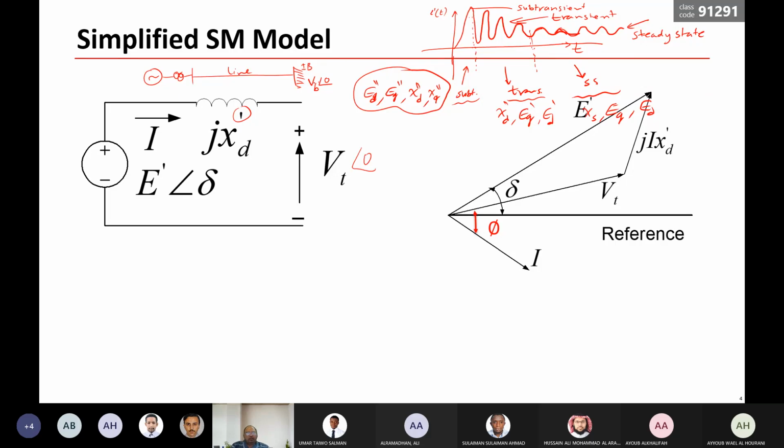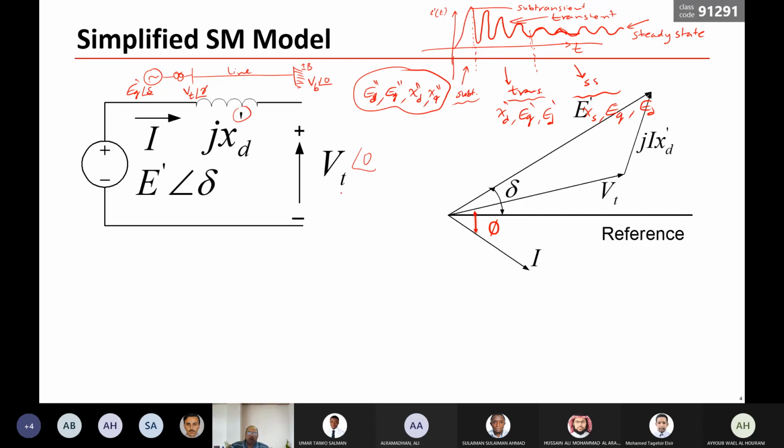In this case, VT, the terminal voltage, will have an angle, let us say gamma, and this EQ prime has an angle delta. So delta is the phase shift between EQ prime and VB, and gamma is the phase shift between V terminal and VB.